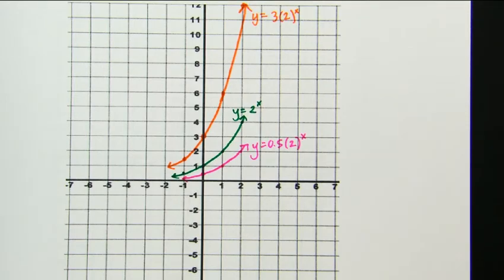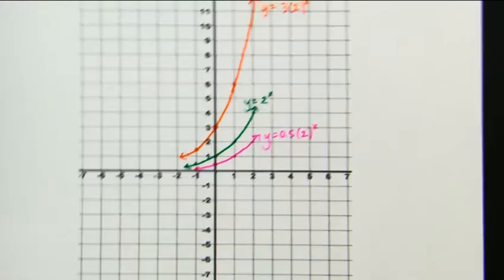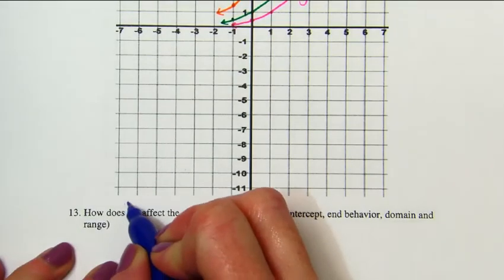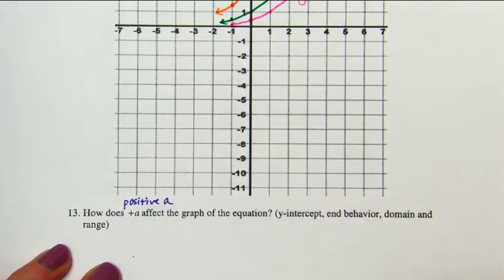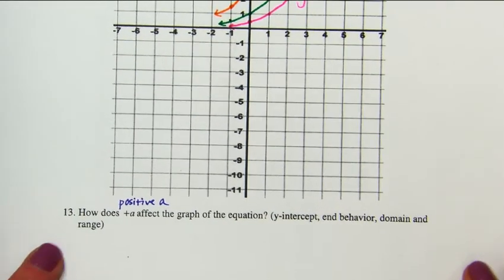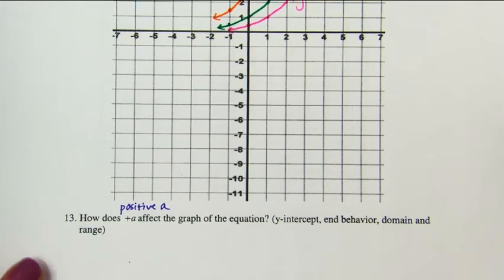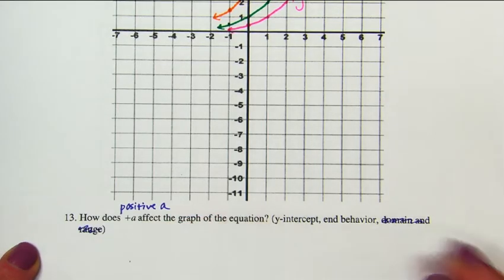All right. Now, number 13 says, how does a being positive affect the graph of the equation? Y-intercept and behavior, domain and range. We're not going to talk about domain and range yet, but we can talk about the y-intercept.